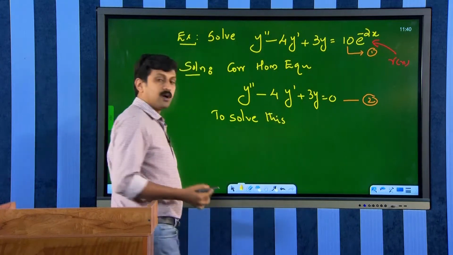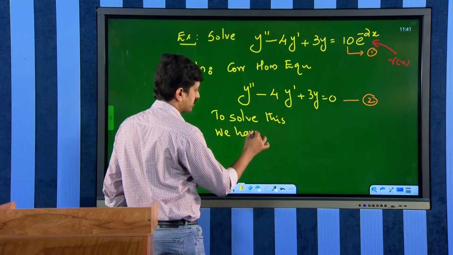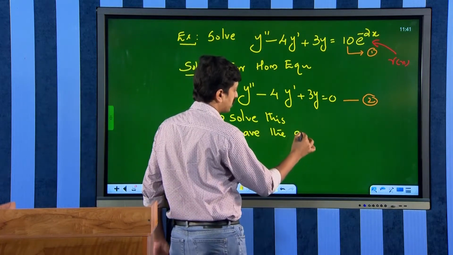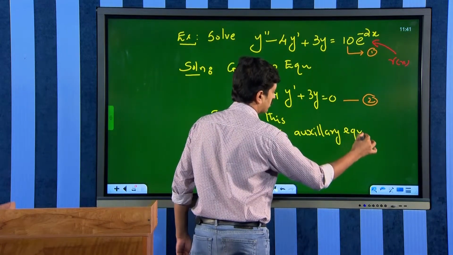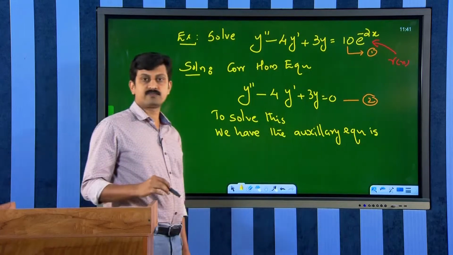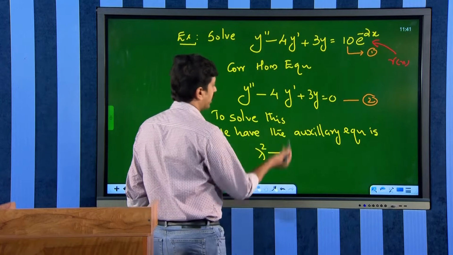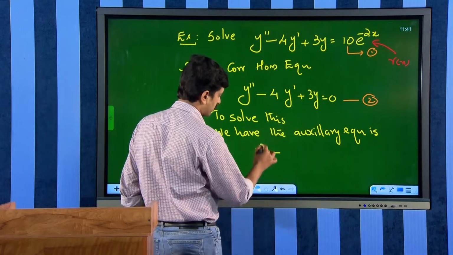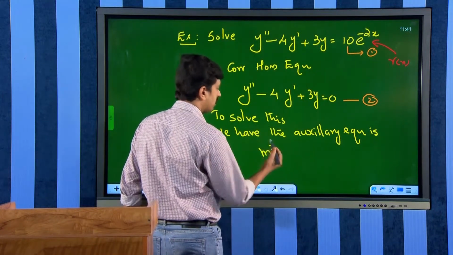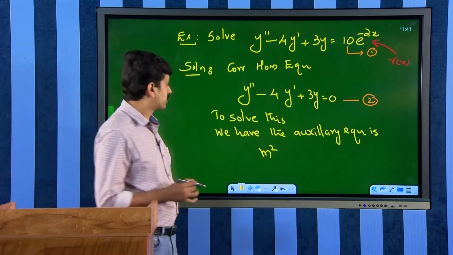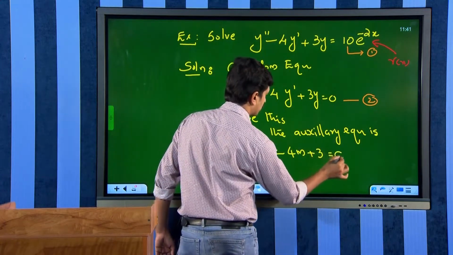we will find the auxiliary equation. See, what about the auxiliary equation? Instead of lambda, we used the term m in our previous lectures, therefore m square minus 4m plus 3 equal to 0.